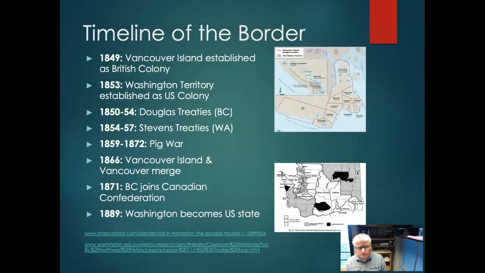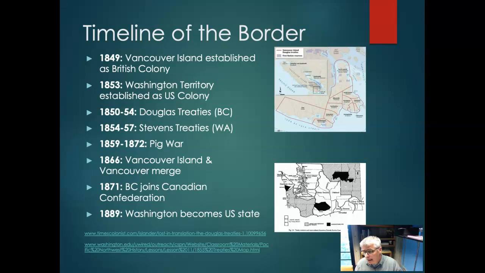Should it be drawn where all of the islands are on the British side, or are some of those islands on the U.S. side? And so it was a contentious time, and there was a lot of occupying of these lands, building military forts, and really trying to stake claim in this territory.